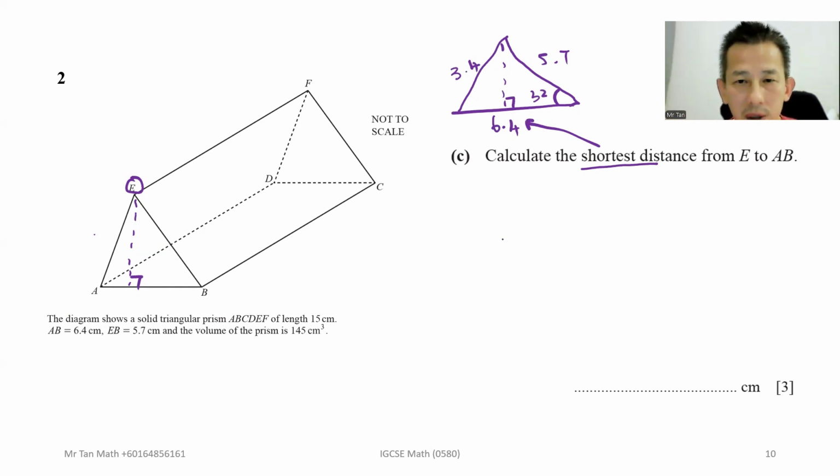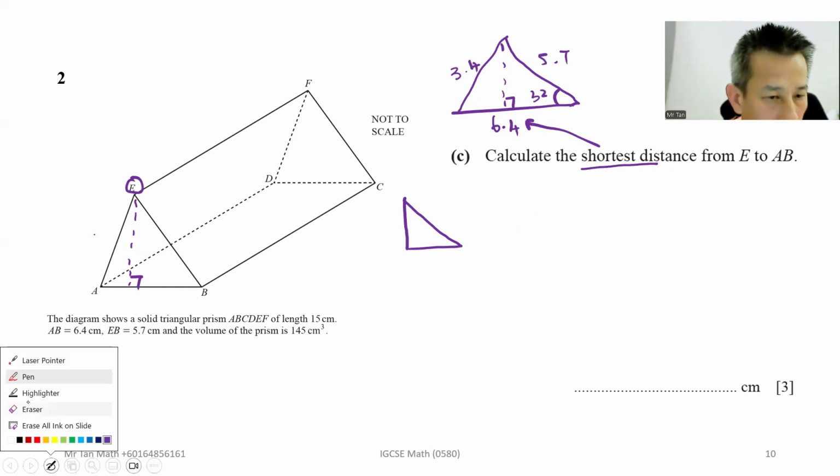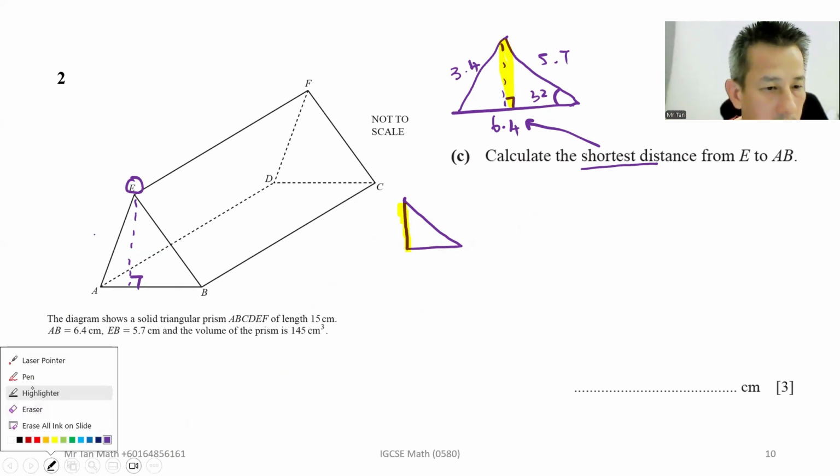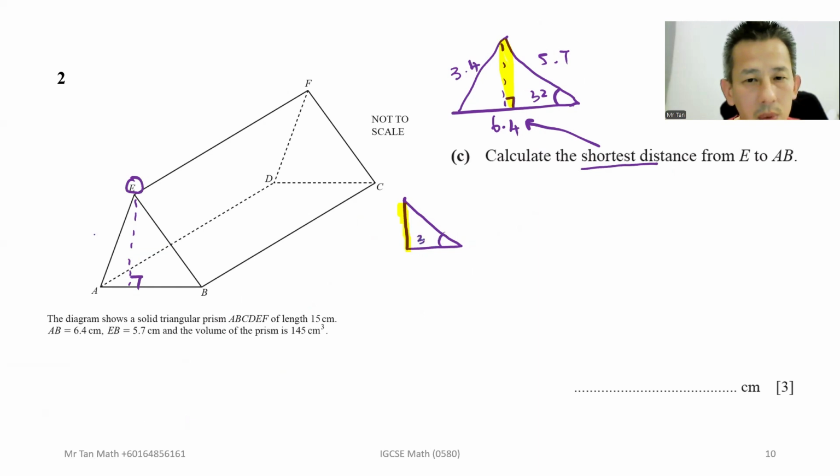Okay. See, we have the right angle triangle, therefore you just take the right angle triangle. You want to find the shortest distance. It will be here. This line here. This is the shortest distance. Take the angle. It's 32 and 5.7. Okay. So it's a basic trigonometry. This will be the hypotenuse. This is opposite. This is adjacent. Therefore, we will use sine.